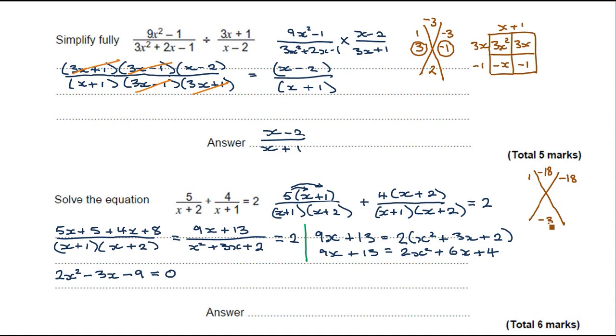So nice figures to work with. 1 times minus 18 is my first attempt, but that won't give me minus 3, so I'll try 2. 2 times minus 9, well, 2 minus 9 won't give me minus 3. What if I try 3 though? 3 times minus 6, and 3 minus 6 gives us minus 3.